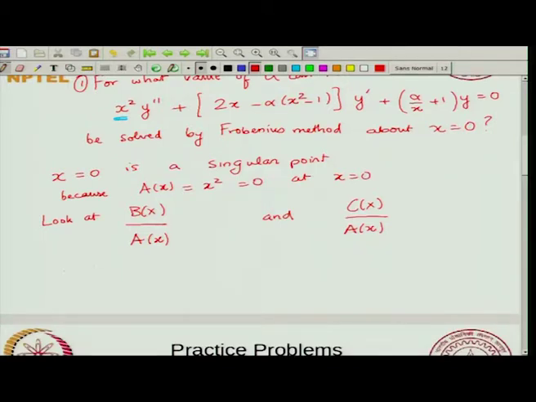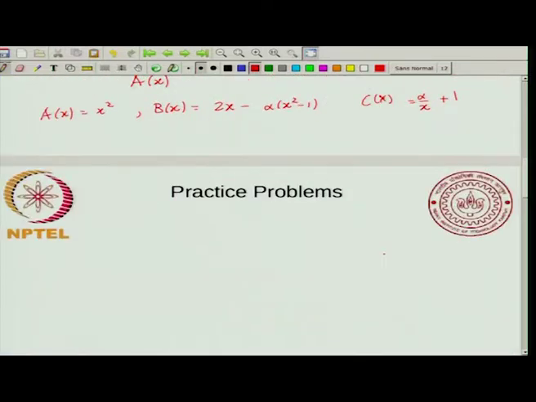So let me write that a of x equal to x square, b of x is equal to 2x minus alpha x square minus 1, and c of x is equal to alpha by x plus 1. Suppose I look at b of x divided by a of x.